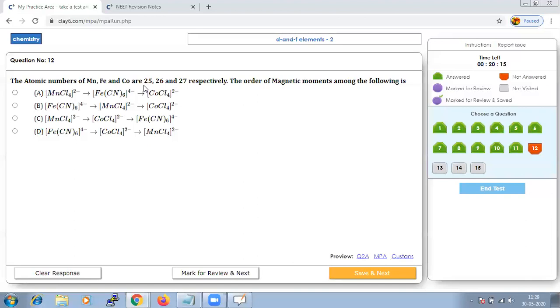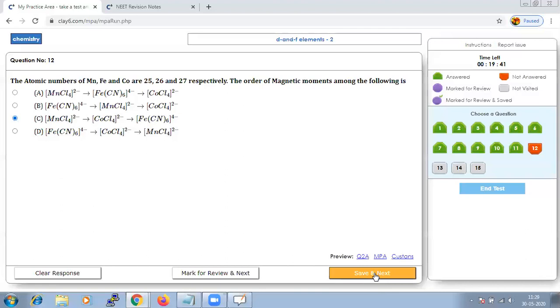Mn2+ has maximum 5 unpaired electrons, Co2+ has 3 unpaired electrons, and Fe2+ has 0 unpaired electrons. So the order is maximum unpaired electrons for Mn, then Co, and then 0. This order should be the correct one.